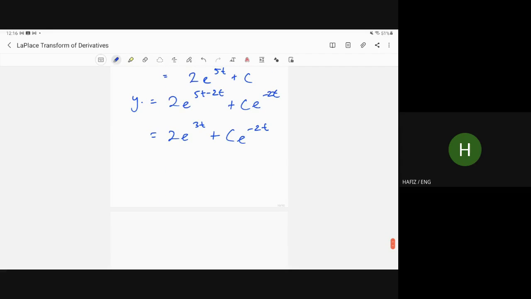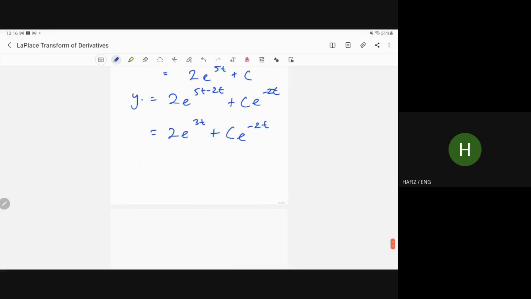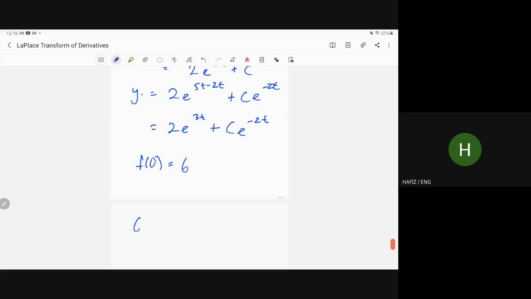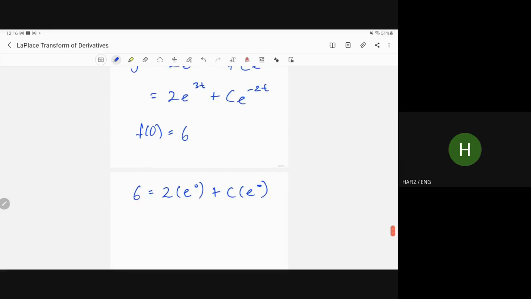Okay, so here's where we use the information, which is f(0) is equals to 6. So this is 6 when t is 0. e to the power 0 is 1, e to the power 0 is 1. So you get 2 plus C. So C is 6 minus 2 equals to 4.